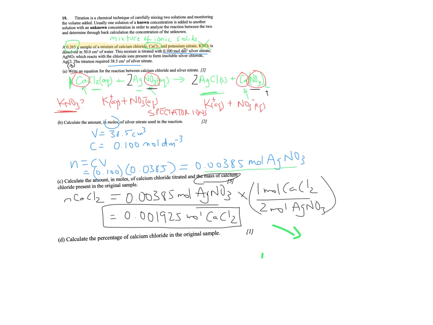The mass of calcium chloride is, we're going to have to use the formula, moles times molecular mass. There's the moles. Okay, the molecular mass is 111.1 grams per mole according to the periodic table.